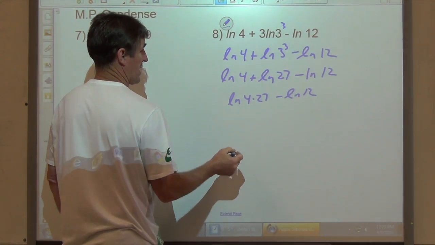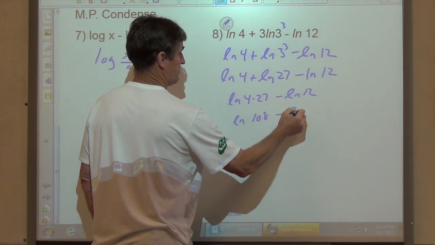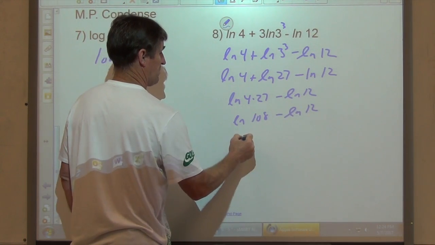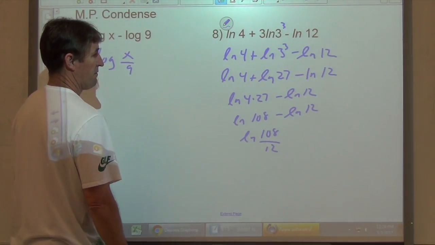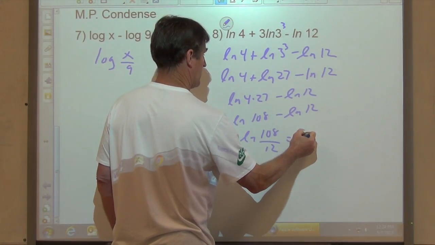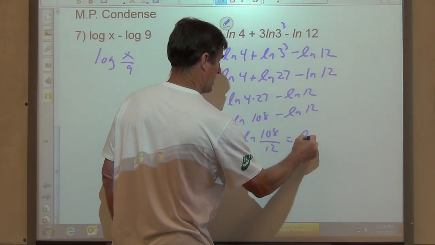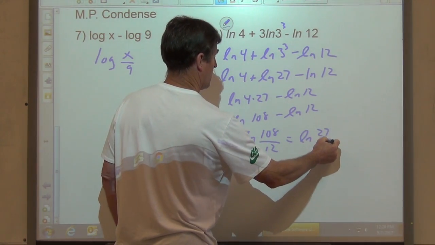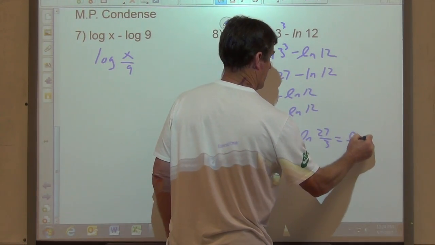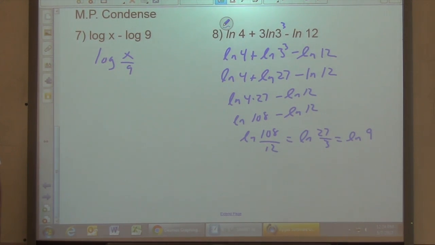And 4 times 27 would be ln 108. And then subtraction becomes division. And then 4 goes into both, and so that would be ln 27 over 3, which then reduces to ln 9. So that would take it down as far as possible. So hopefully that's what you got.